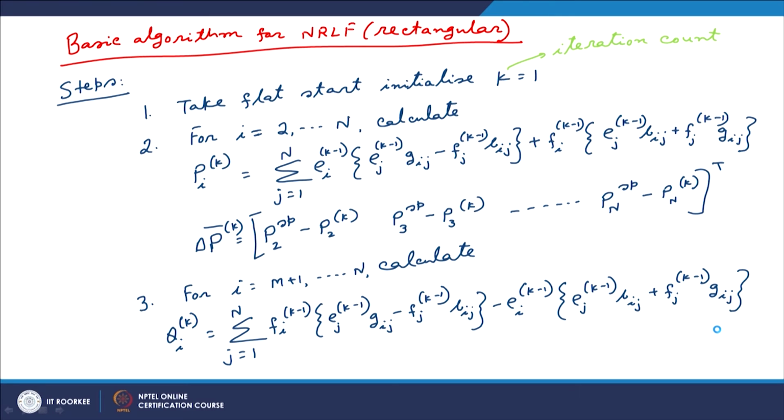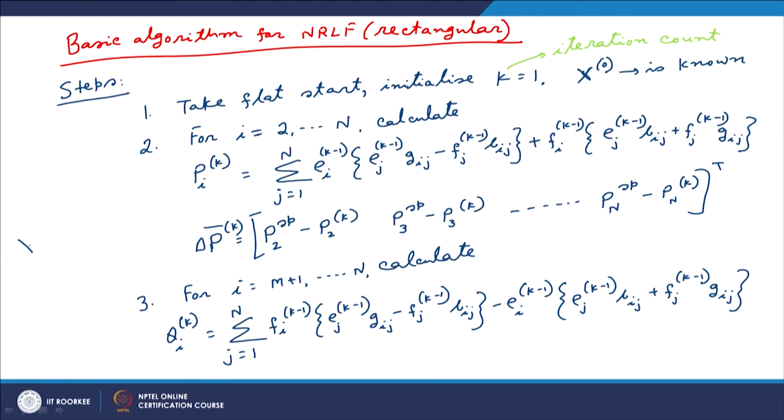And here we should write initialize, and when we initialize, then after taking the flat start we actually know what the x vector is. And what is the x vector?